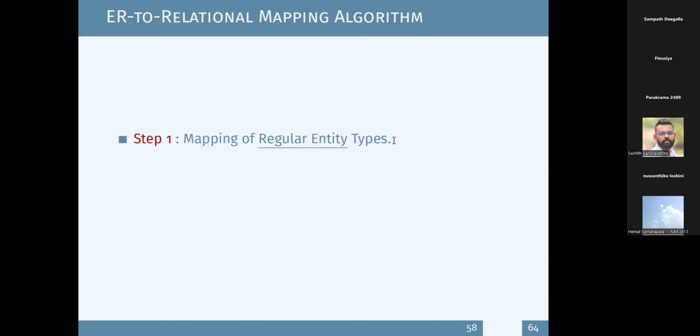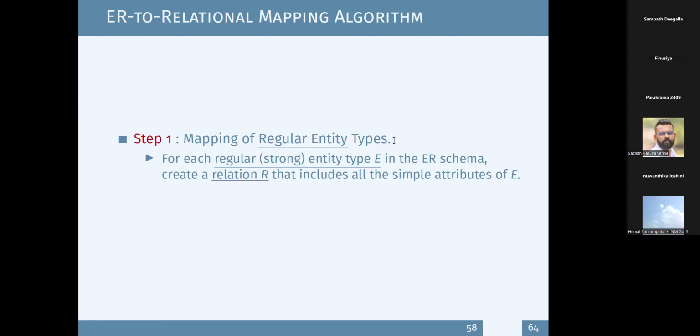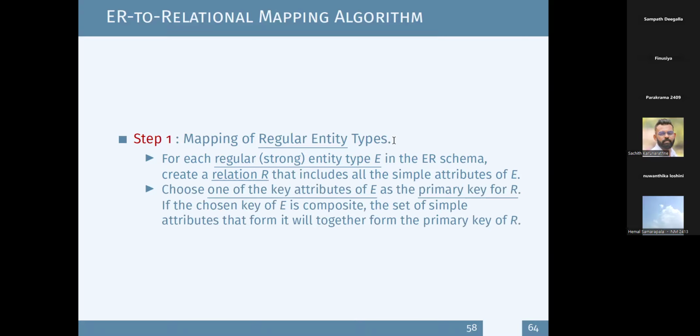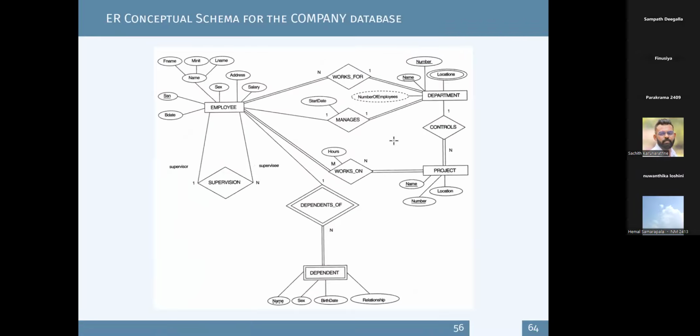So the first step is how do you map regular entity types? For each regular entity type, you are going to create a separate relation, and you are going to include all the simple attributes. Okay. So going back to my diagram, you can see here in employee, this is a regular entity type, and we are going to include all these attributes.